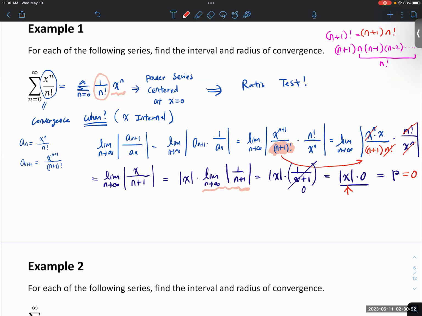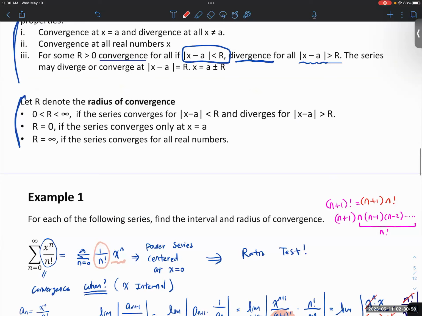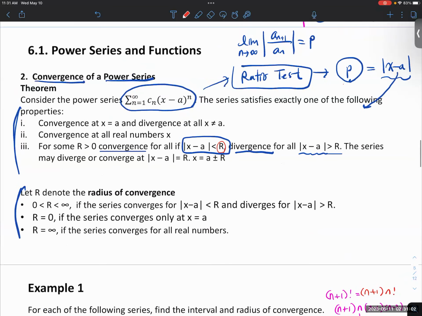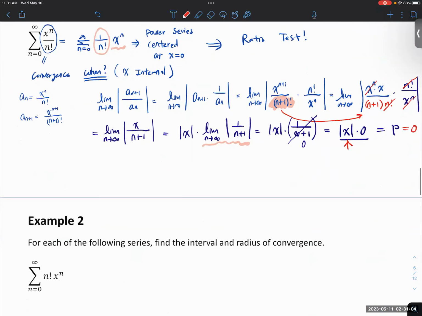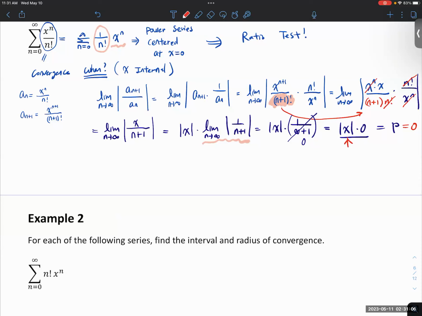So p is actually 0, right? So p is definitely less than 1. Go up, this is p. p equal to 0 is always convergent, because we absolutely have the number. So what I'm saying is p equal to 0.